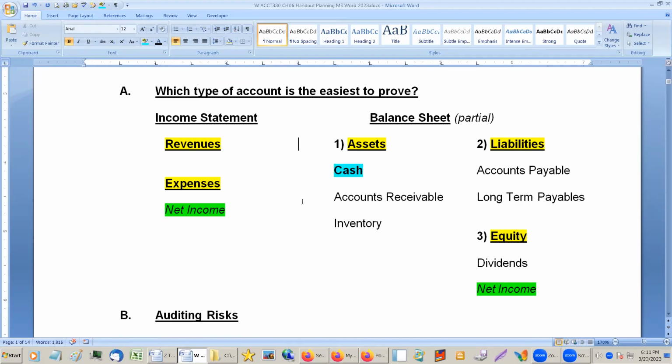Trying to come up with a transaction that doesn't go through the cash account can actually be kind of difficult. Almost everything goes through the cash account. If you buy a truck, okay, you pay cash for it. Okay, you say, well, what about if I get a loan? Okay, you get a loan. What do you pay with that loan? You pay cash on the loan, right?